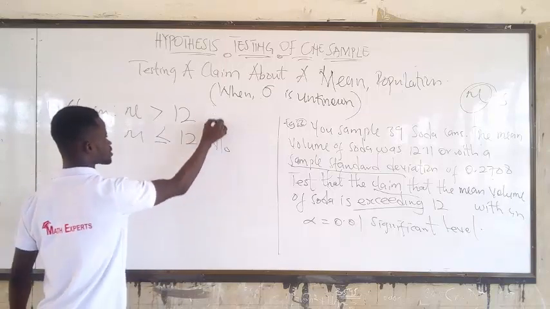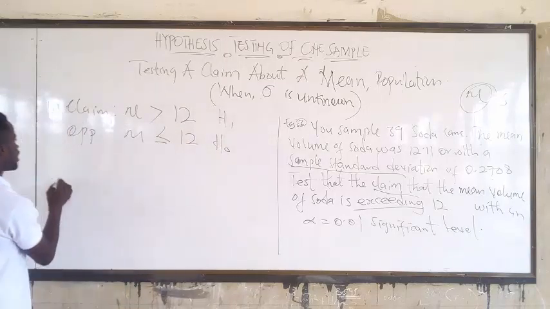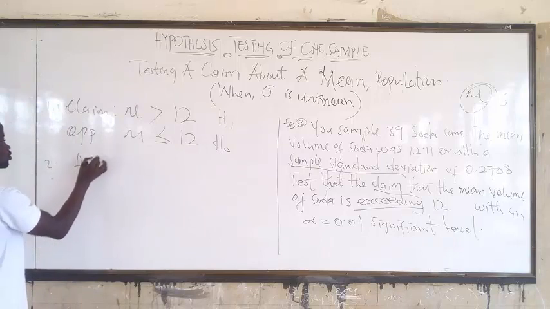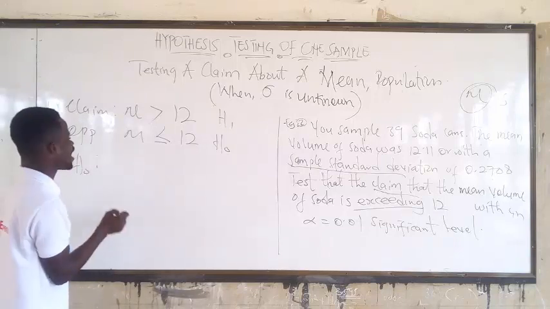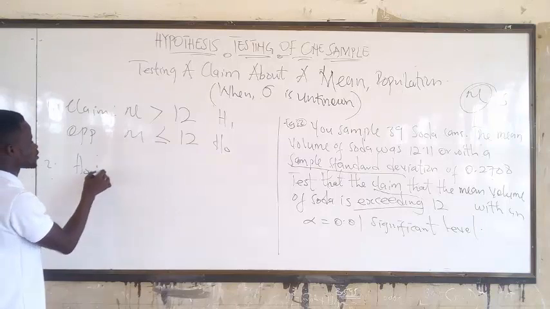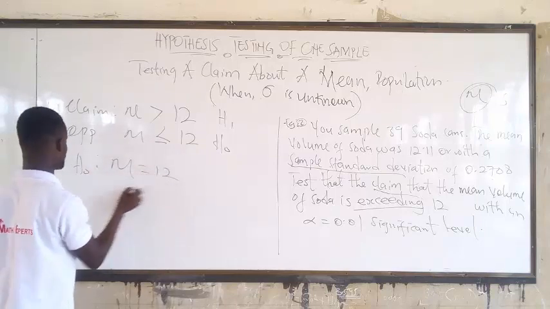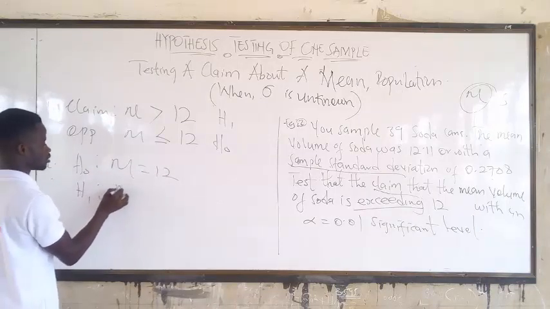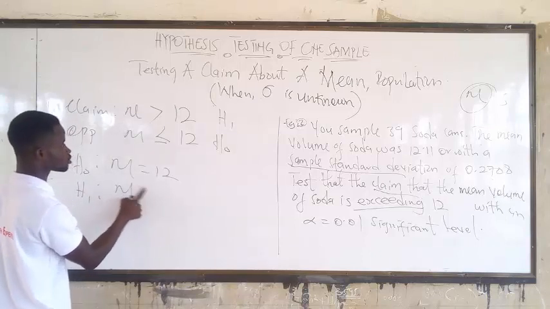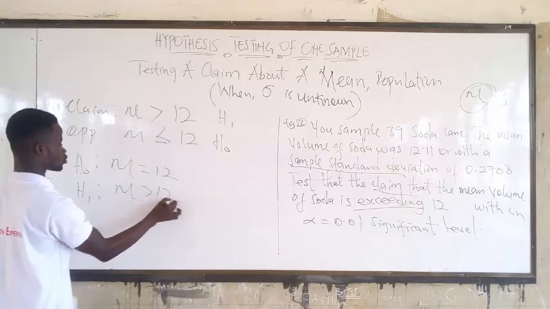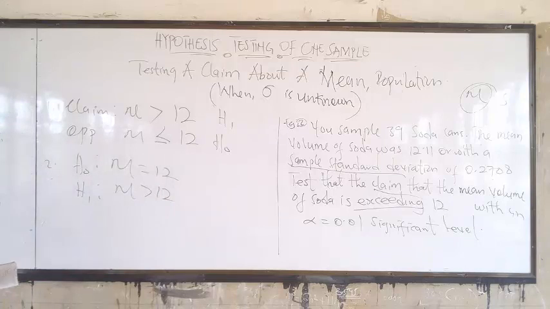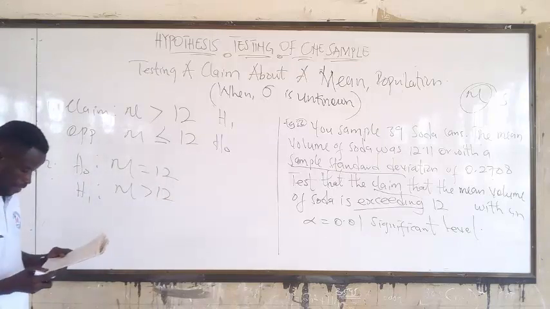So where the equal to sign is, that's where the null hypothesis will be. So the null hypothesis is mu equal to 12, then the alternate is mu greater than 12. Alright, so that is that.